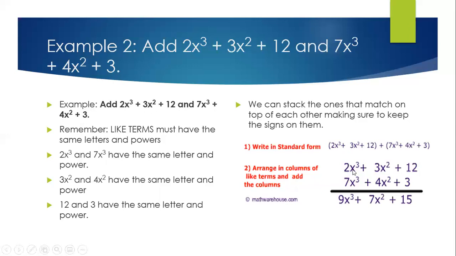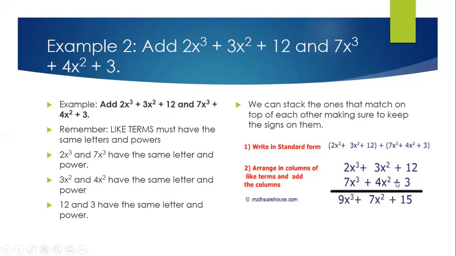I've got 2x cubed plus 3x squared plus 12. I have a 7x cubed right here, which will line up with 2x cubed because they're the same. Just look at them, they have the same variable and exponent, so they match up.